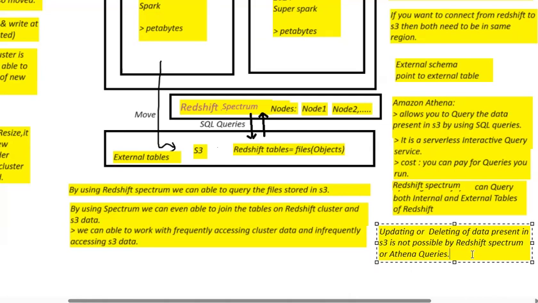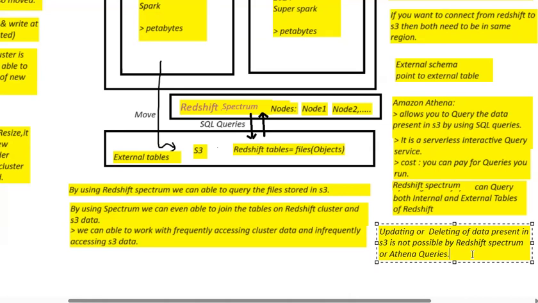So how do you update or delete the file data present in S3, sir? Simply replace the existing file with a new file in which your data is updated or deleted. That file you need to place under S3.